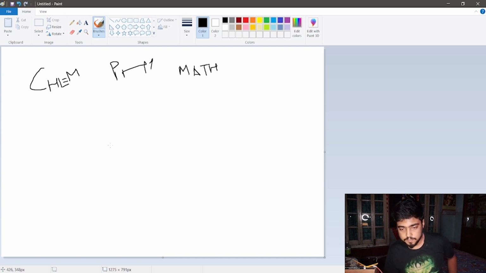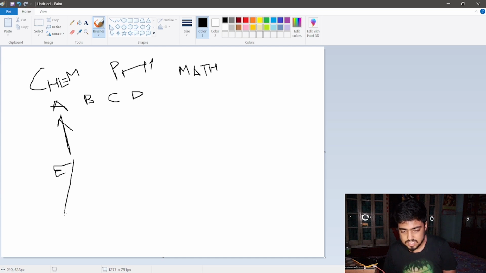Similarly, for LeetCode, there are 4 problems: A, B, C, D. Usually, the first problem is always easy. This first problem is either easy, or in very few examples, medium. B is always medium.